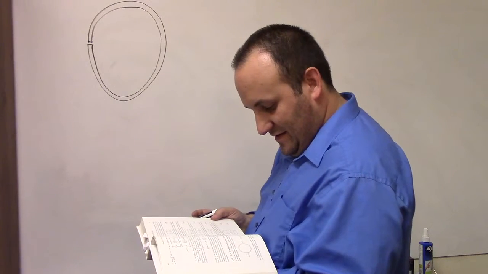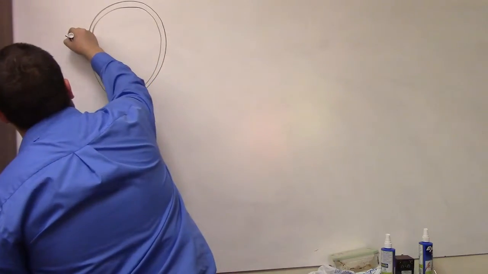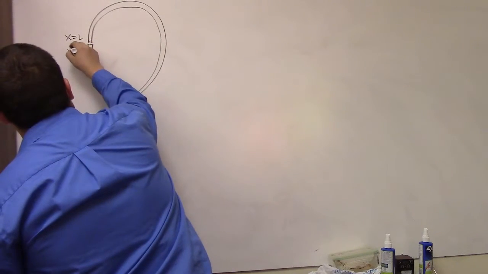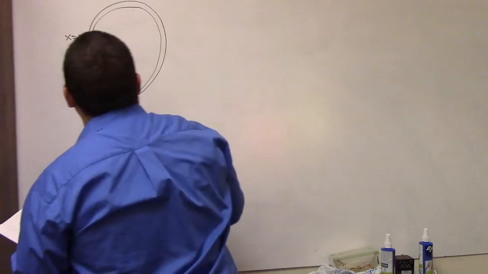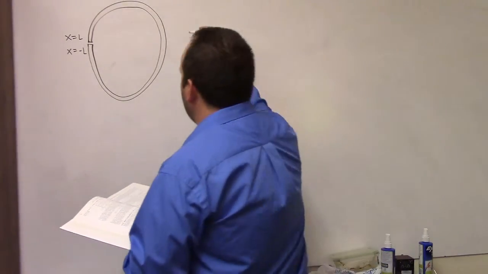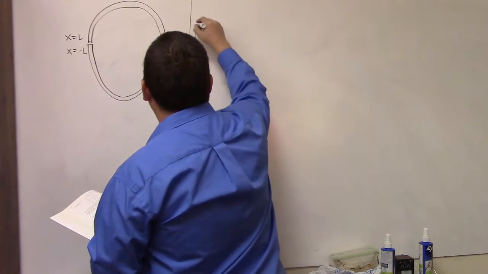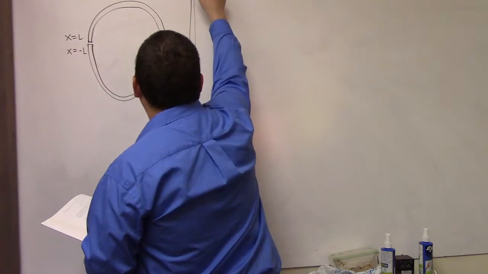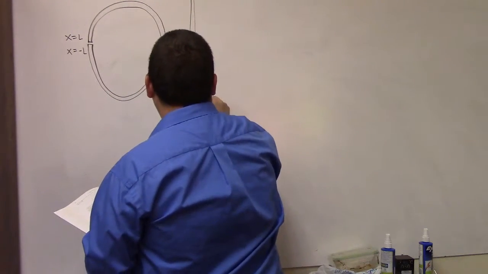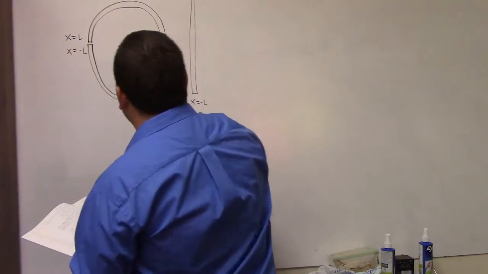As he sells this, he says it involves both sines and cosines, which is kind of neat. The top is going to be x equals L. The bottom is going to be x equals minus L. You can think of it as he's taking the x equals L up here, x equals minus L here, and he's just bending it into a circle, like that.